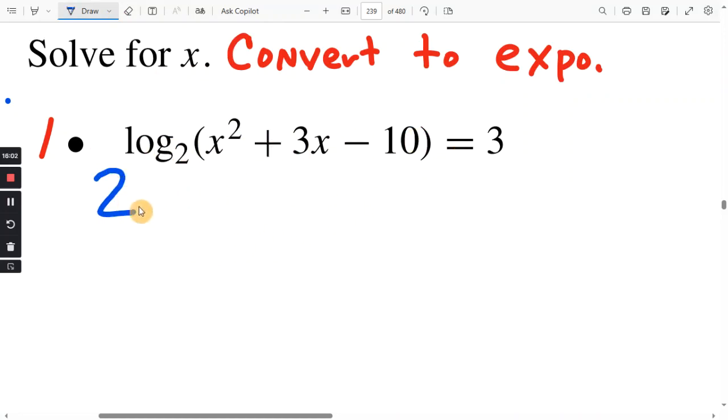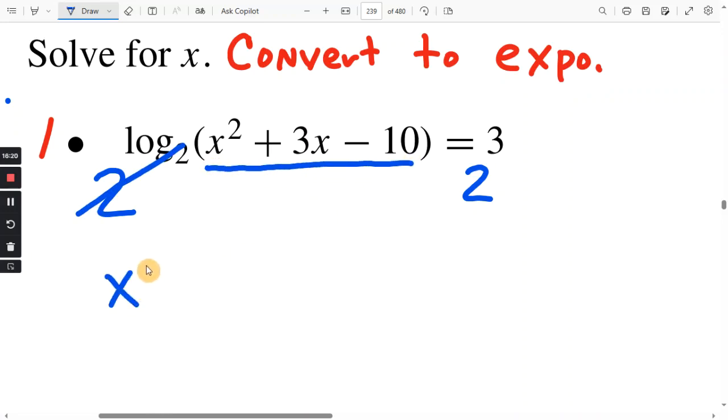Whatever I do to one side, I want to do to the other side of the equal sign. So that's going to be 2 to the 3rd on the right. This base matches this base, so the 2 and the log base 2 cancel. We're left with the argument of x squared plus 3x minus 10 equals, and 2 to the 3rd power equals 8.